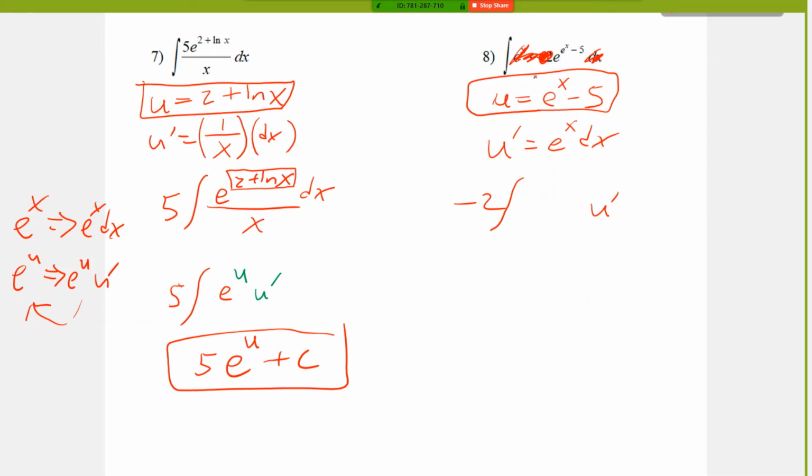If u is equal to e to the x minus 5, and what we've got left is e to the x minus 5, how can I rewrite it in terms of u? E to the power of u. Perfect.